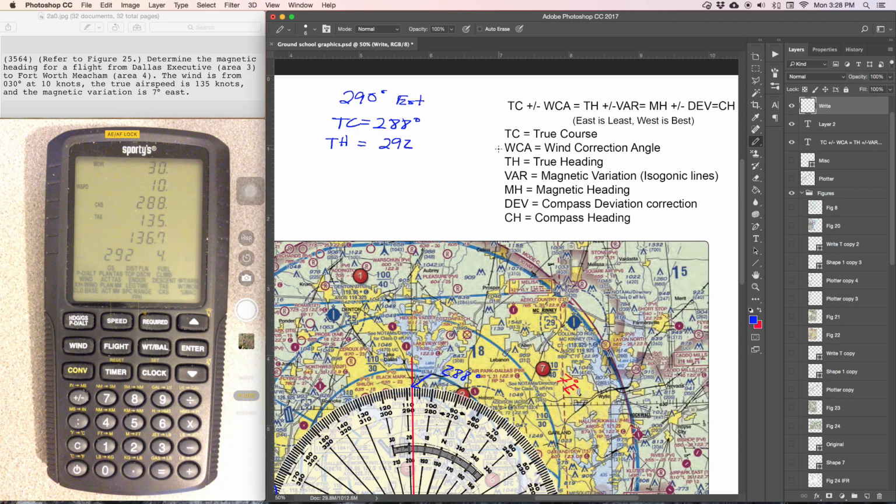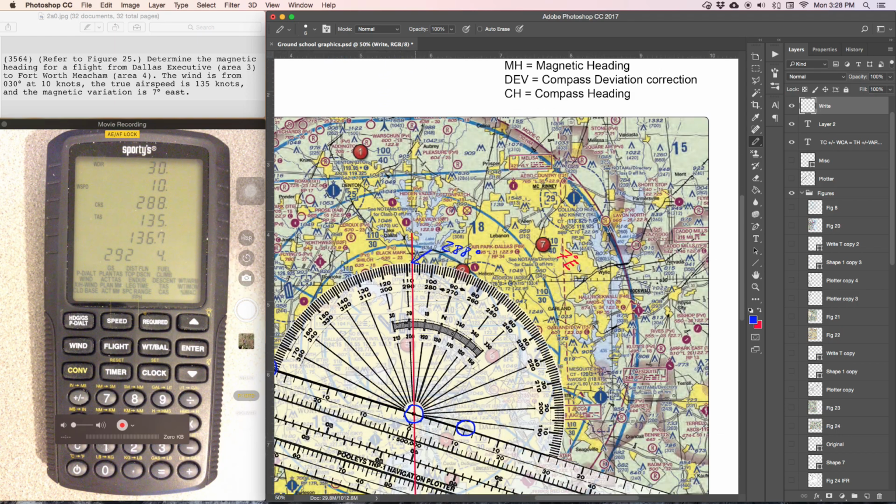After we have true heading, we need to adjust for magnetic variance. East is least, west is best. This problem gives us the information that 7 degrees east is the variance. You may also have to go down to your sectional and find these magenta dashed lines, and somewhere along the magenta dashed line you'll see in red or magenta this type of information where it says 7 degrees east, or it could say 5 degrees west, 3 degrees west.